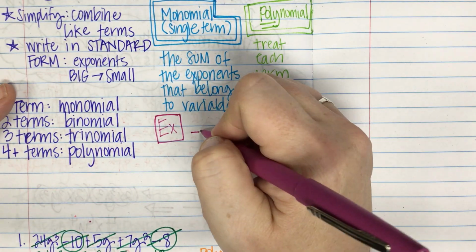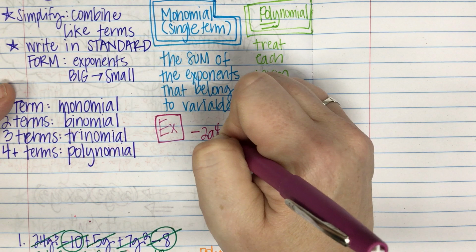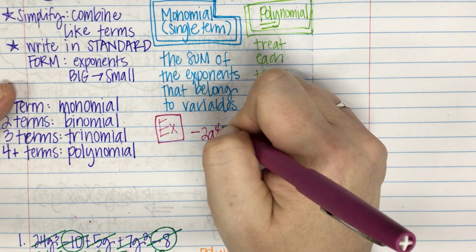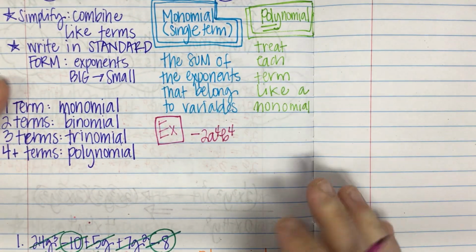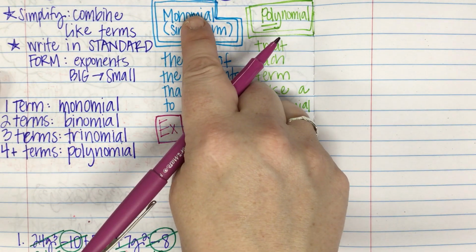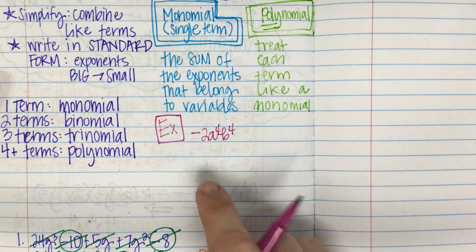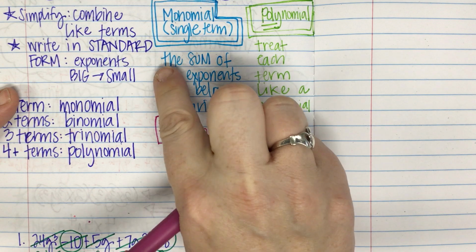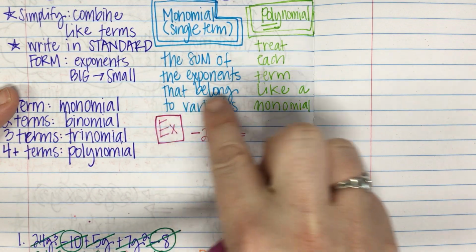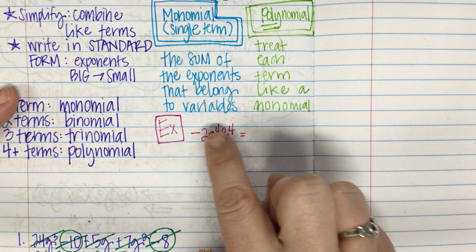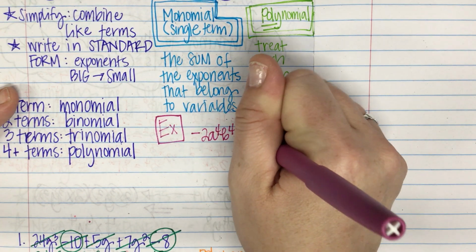Negative 2a to the 4th, b to the 4th. That's a monomial, correct? And I look at the sum of the exponents that belong to the variables. Sum is add up the exponents to get 8.